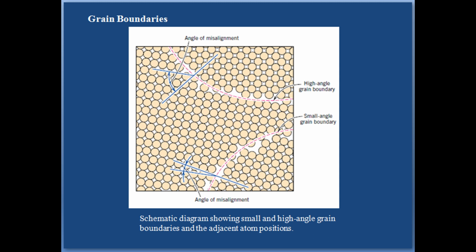There is some atomic mismatch in a transition from the crystalline orientation of one grain to that of an adjacent one. Various degrees of crystallographic misalignment between adjacent grains are possible. When this orientation mismatch is slight, on the order of a few degrees, then the term small or low angle grain boundary is used. These boundaries can be described in terms of dislocation arrays.